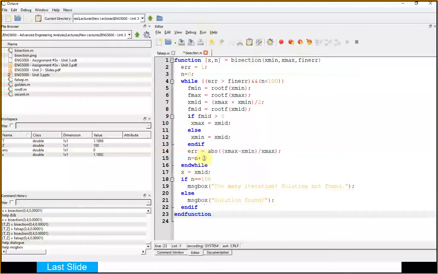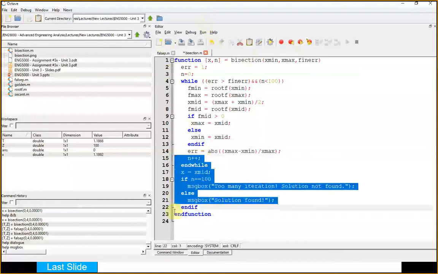I'm going to put back the n++ here, so we are okay with understanding its role.